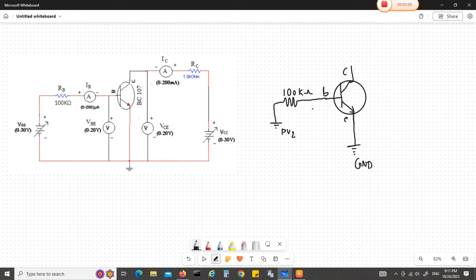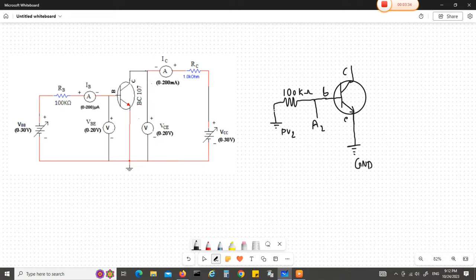We need to measure the voltage across B and E, VBE, so I am connecting A2 in the expEyes kit. PV2 is the programmable voltage 2, which gives plus or minus 3.3 volts, and A2 measures the voltage across base and emitter.